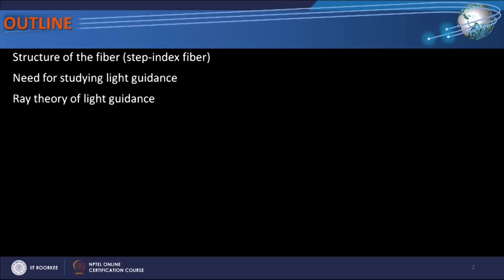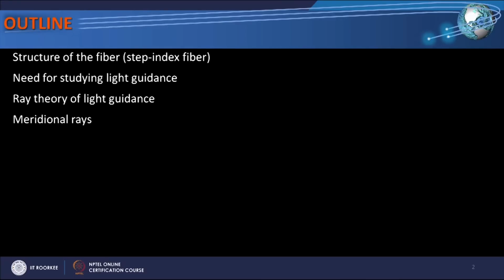We will look at the structure of a typical optical fiber, which is a step index fiber. Then we will understand what is the need for studying light guidance in an optical fiber. What is the ray theory of light guidance, which is a very simple theory to understand light guidance in a fiber.